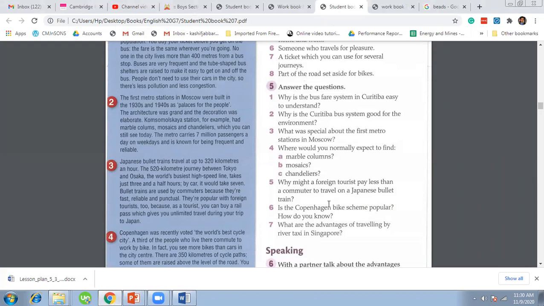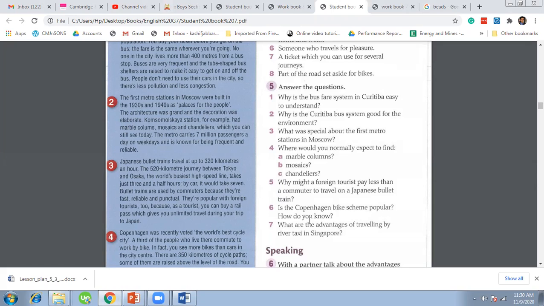Although, as we've discussed, Japan is an amazing country, it's a facility provided by the government to the tourists that they can just buy a pass and have unlimited travel within Japan.